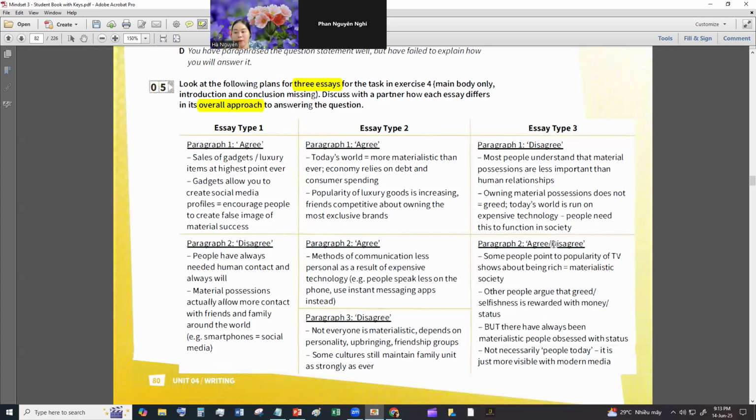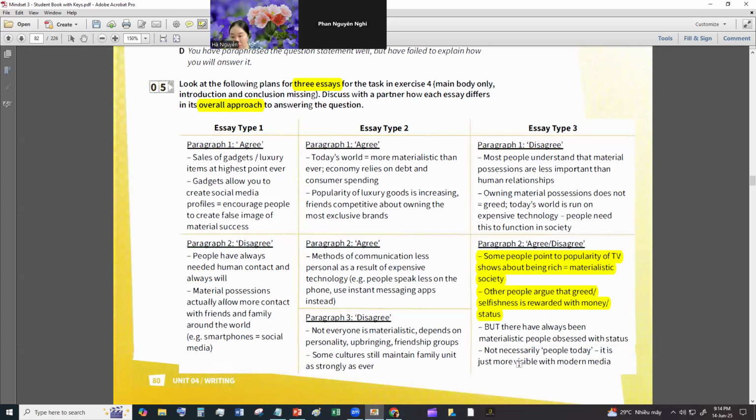All right, so the opposing view is agree. Some people point to the popularity of TV shows about being rich as materialistic. Other people argue that greed and selfishness is rewarded with money and status. So this is the opposing view, the views that agree with the statement in exercise 4. However, there have always been materialistic people obsessed with status, and not necessarily people today.